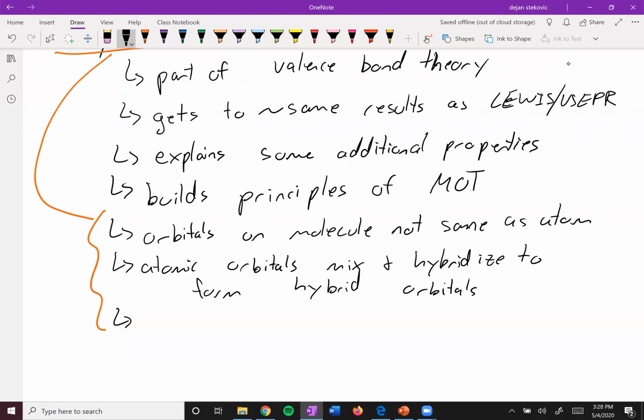However, the number of total orbitals is preserved. So if you had 3 atomic orbitals, you're going to have 3 hybrid orbitals, 4 atomic orbitals, 4 hybrid orbitals.